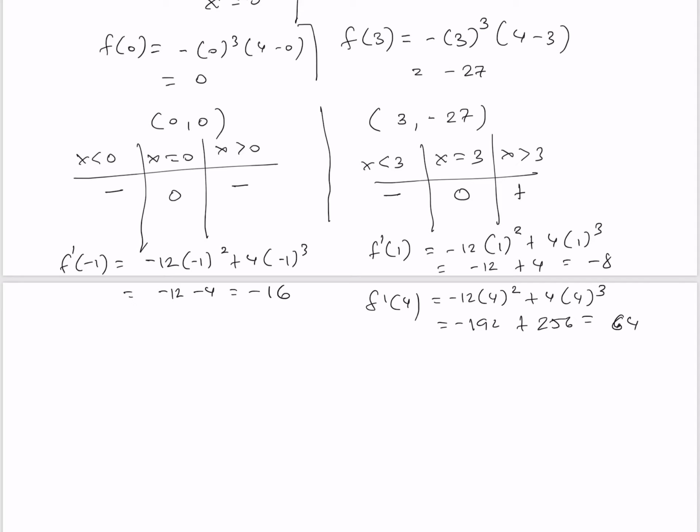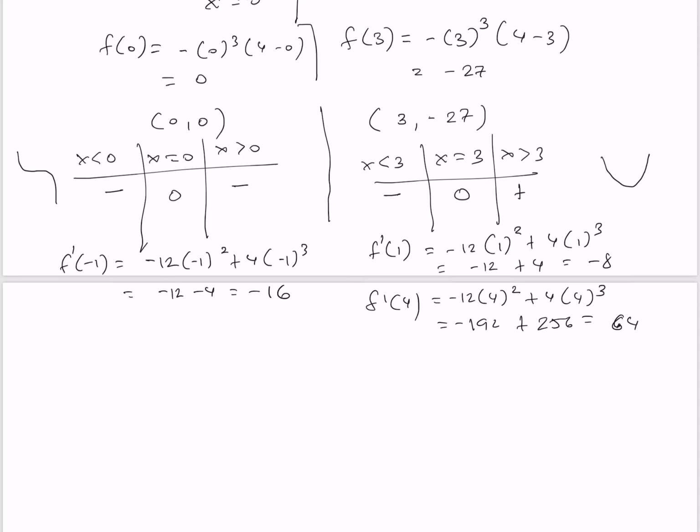So this one is positive. So our stationary point at (0, 0) is negative, 0, and negative, so this one is an inflection going down. And at (3, negative 27), it is negative, 0, and positive, so this one should be a minimum.